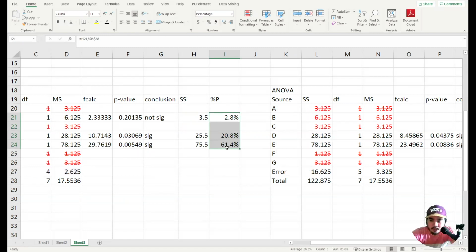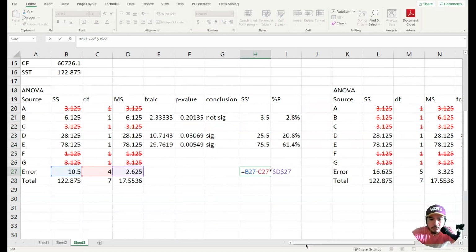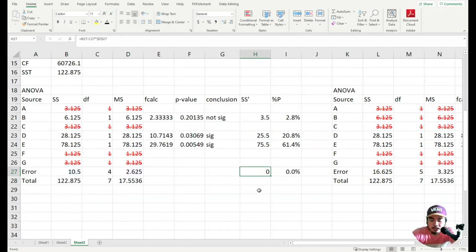Kasi hindi to mag-a-add up to 100%. Tama? 85. Kasi meron, hindi natin nasama yung error. Sorry. Isasama pa natin yung error.